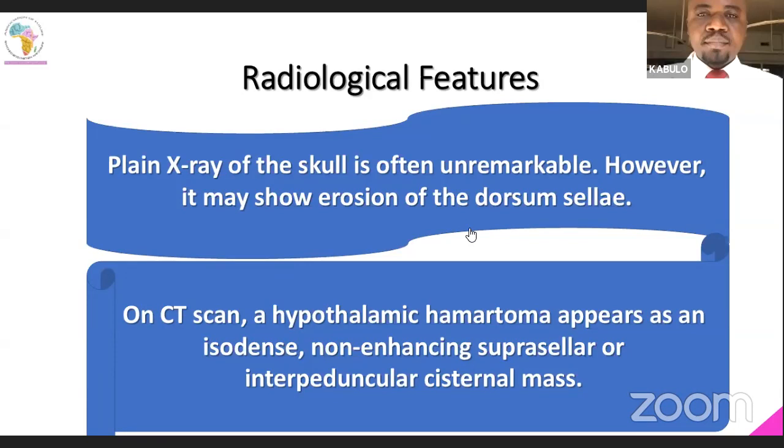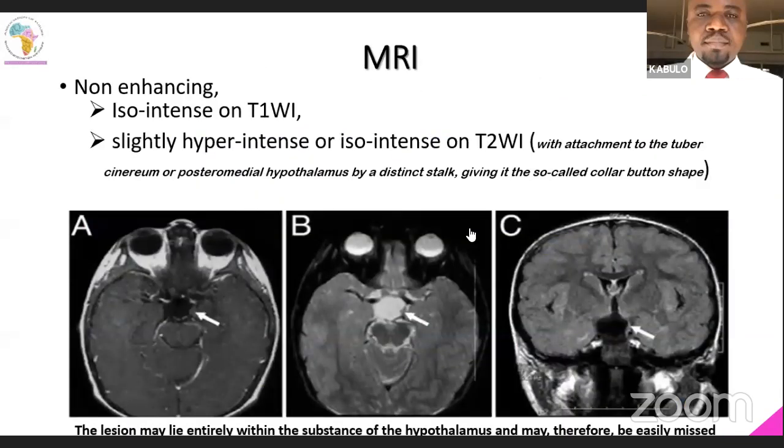You see a suprasellar mass or interpeduncular cisternal mass, which is isodense and non-enhancing. On MRI, on T1 and T2, they are iso-intense, but others say on T2 they might be slightly hyper-intense. So you see that iso-intense mass, which is attached to the tuber cinereum or posteromedial to the hypothalamus.